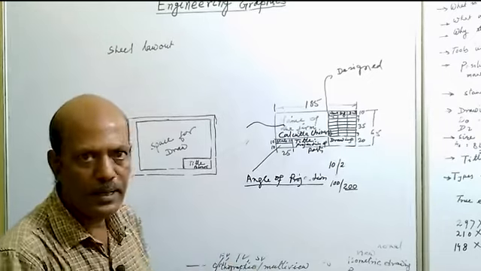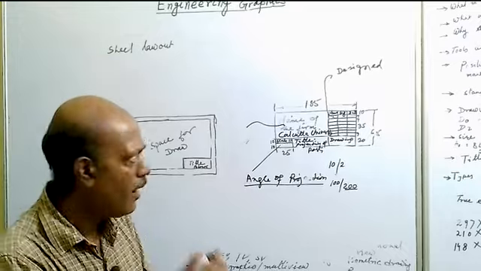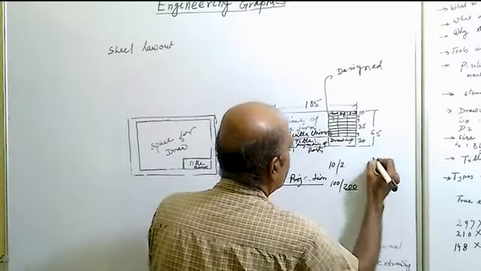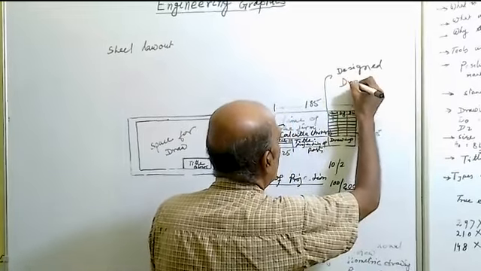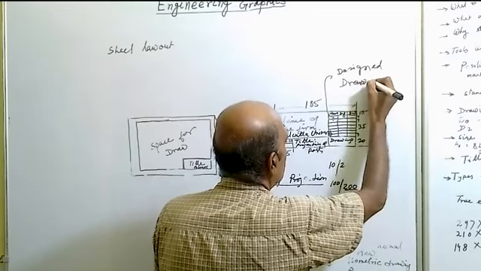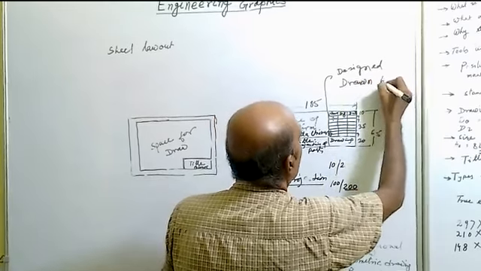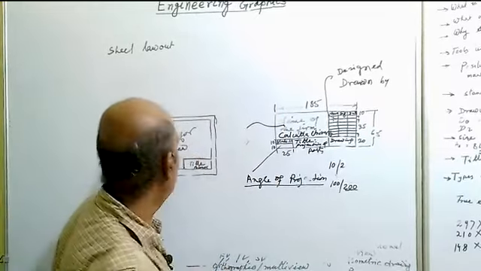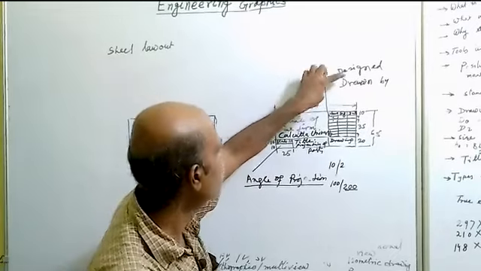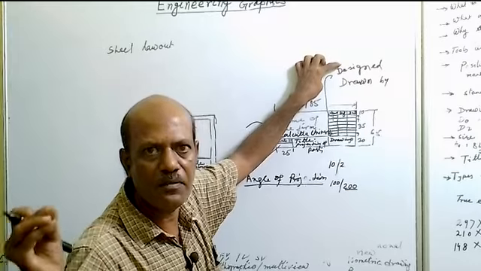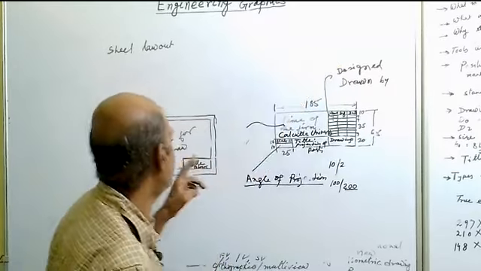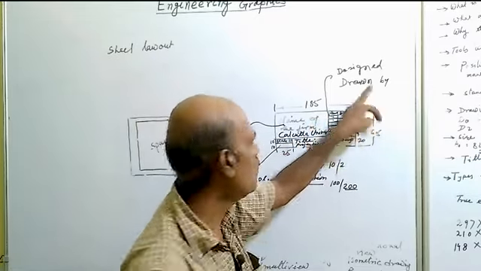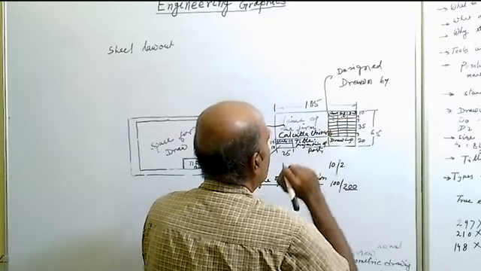So first the design of the component will be done, and then in second box we will write drawn by. What is drawn by? Drawn by means the person who is drawing in the sheet of paper. So that means the designer gives the specification of the object. That specification is translated into drawing by the draftsman. So his name will be written here and signature here.